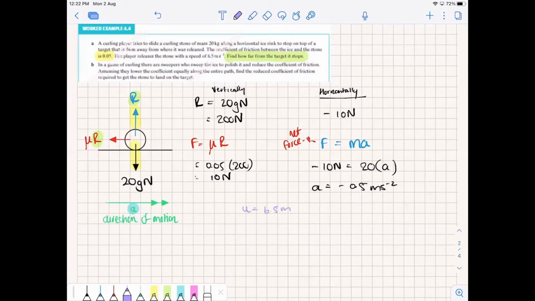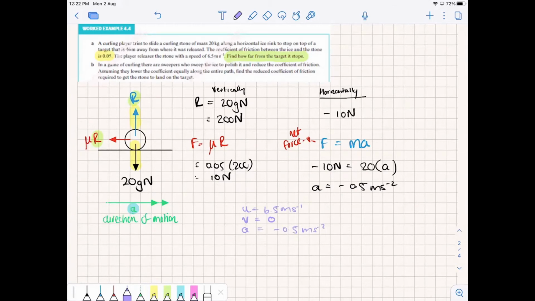The initial velocity is in the direction of motion, so it's positive. We know the final velocity is going to be 0 because after it stops, it's not going to move anymore. And we just calculated the acceleration at minus 0.5 meters per second squared. We want to solve for displacement.